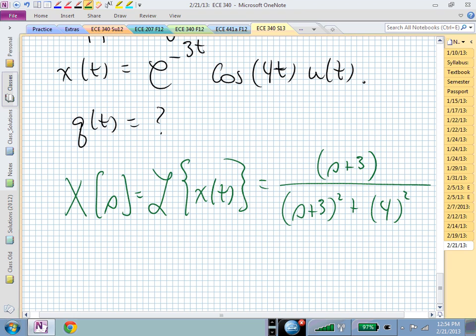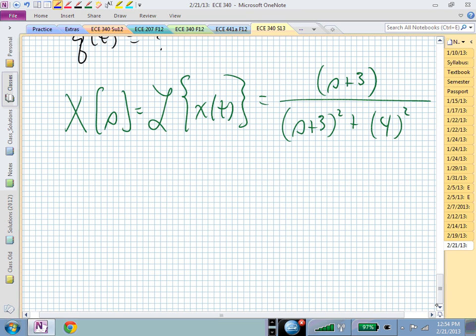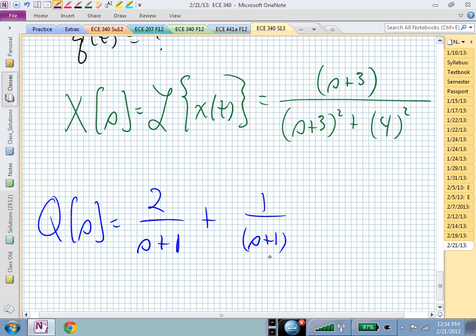Now we have capital X of S. We can find the expression for Q of S based on everything that we've been told. The first piece is 2 over S plus 1, and the next piece is 1 over S plus 1 times S plus 3 over S plus 3 squared plus 4 squared.